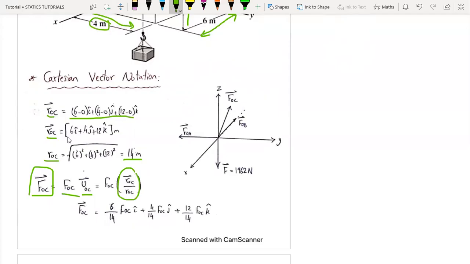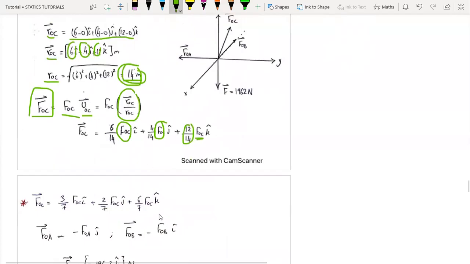So 6 over the magnitude 14 multiplied by FOC, the magnitude, i hat, plus 4 over 14 multiplied by the magnitude of FOC, j hat, plus 12 over 14 multiplied by the force FOC, k hat. So this is our vector notation for force FOC.